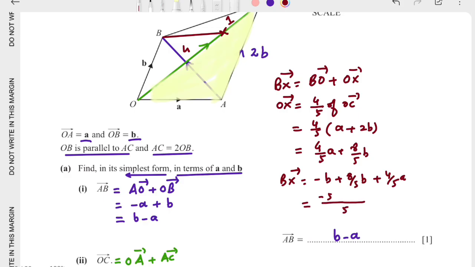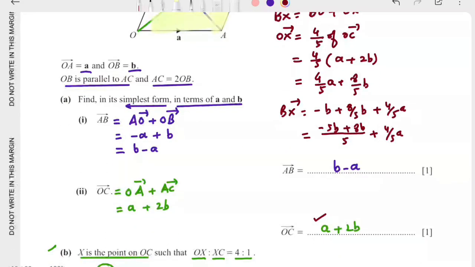So minus 5B plus 8B divided by 5 plus 4 over 5 A, and if you subtract, 8B minus 5B would be 3 over 5 B, plus 4 over 5 A would be your final answer.